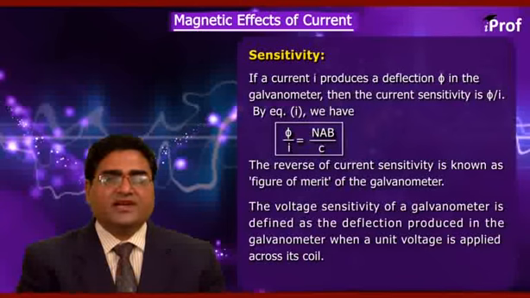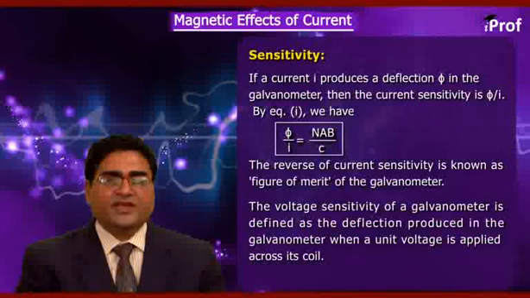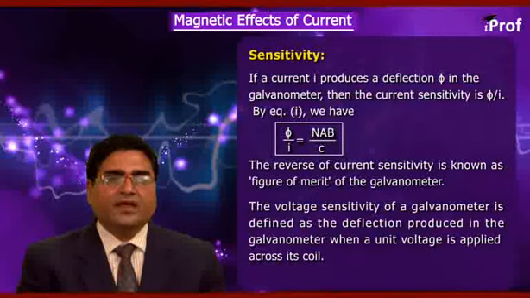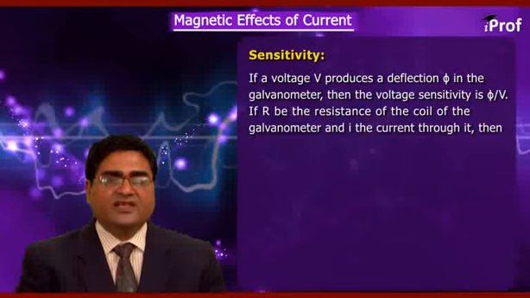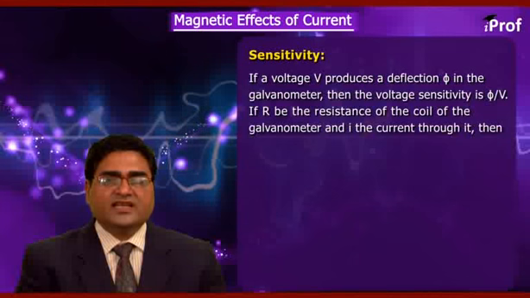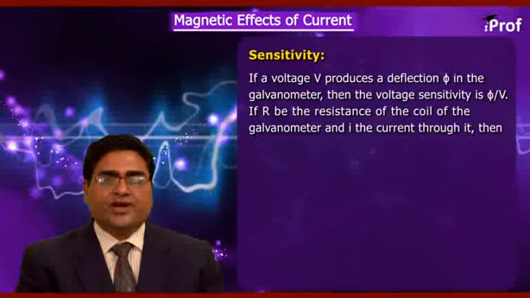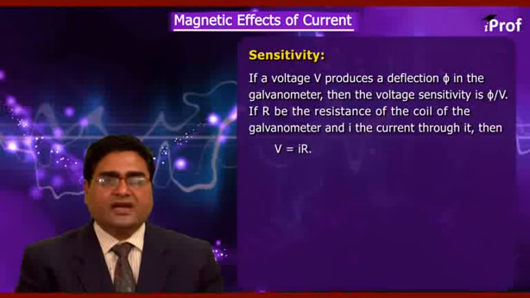The voltage sensitivity of a galvanometer is defined as the deflection produced in the galvanometer when a unit voltage is applied across its coil. If a voltage V produces a deflection phi in the galvanometer, then the voltage sensitivity is phi upon V. If R be the resistance of the coil of the galvanometer and I the current through it, then V equal to IR.